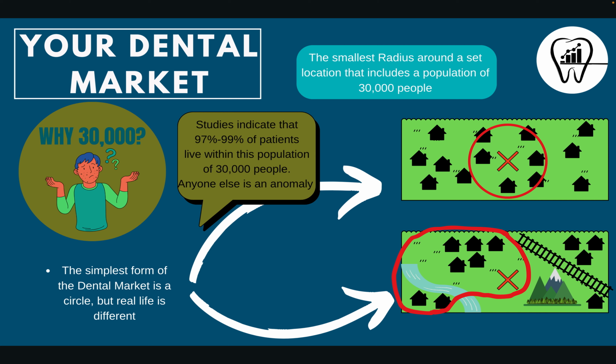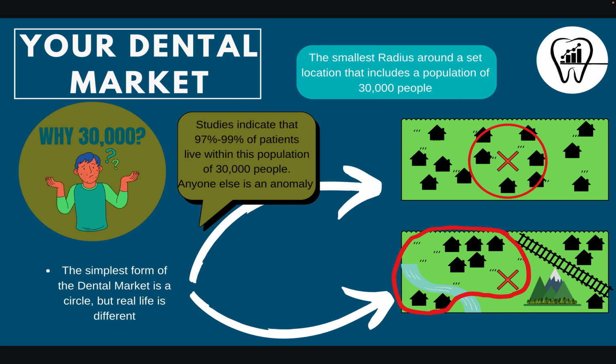Anyone else that's coming to your practice outside of that radius, they are an anomaly. They are not the type of patient. I mean, that's awesome that you can bring them in, but they're not who you should primarily be marketing towards. You want to be marketing towards the core of your practice, which is that 97 to 99% of your patient pool.